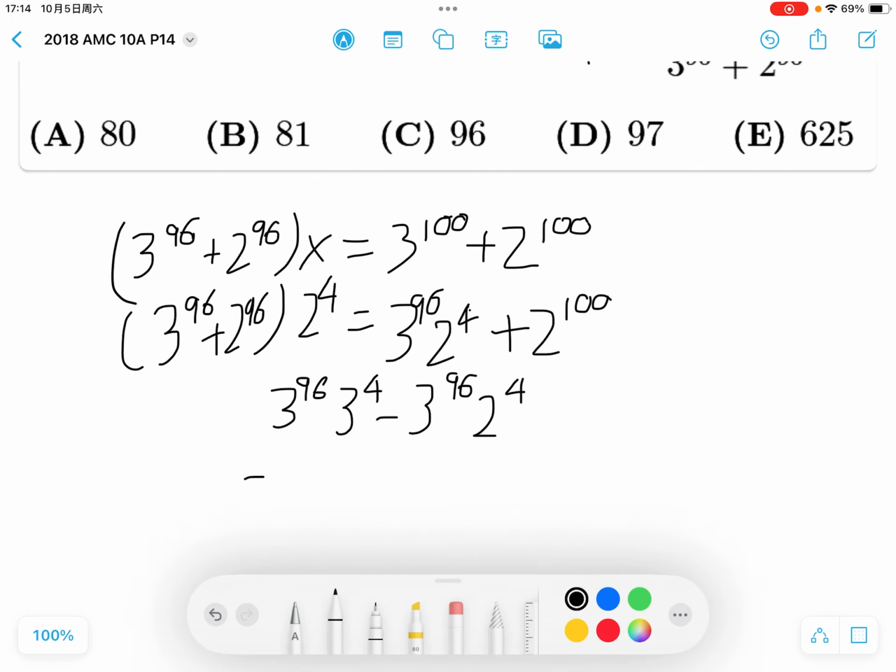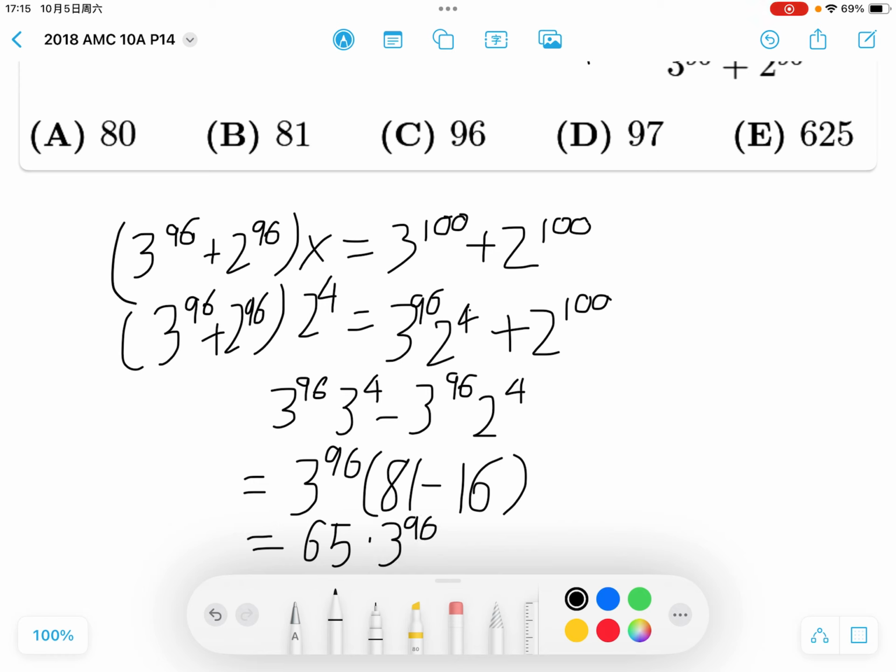So, honestly, 3 to the power of 4 is 81, and 2 to the power of 4 is 16. So, you still have a really large number here, which is around 65 times 3 to the power of 96. So 16 is not good enough for x.